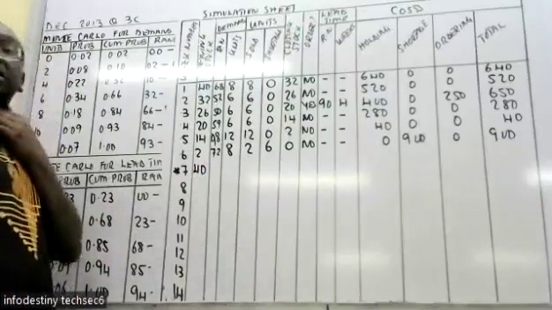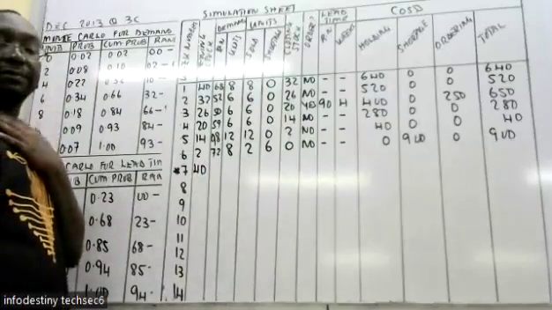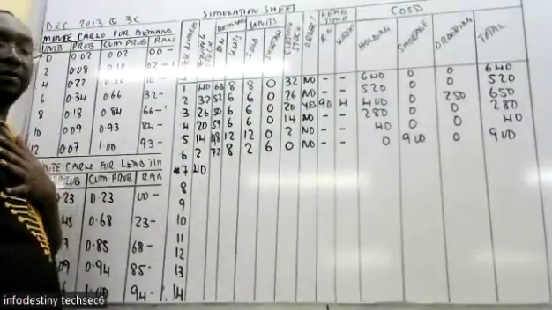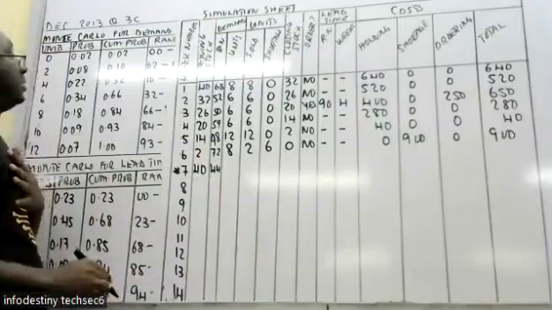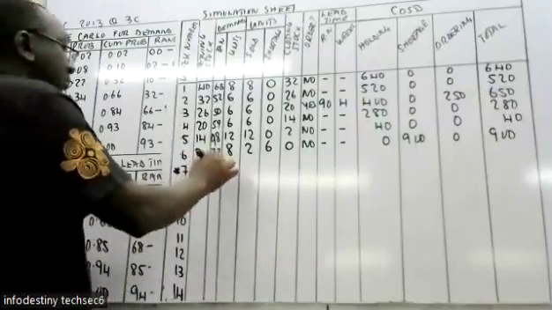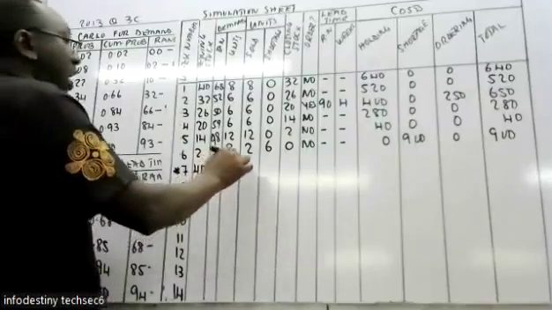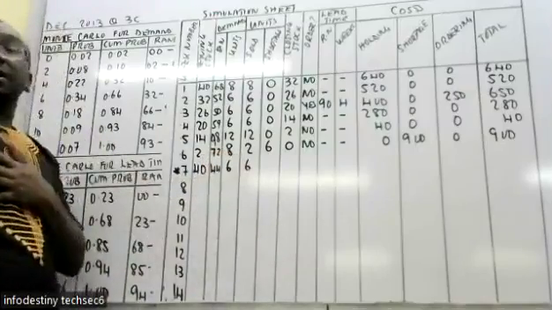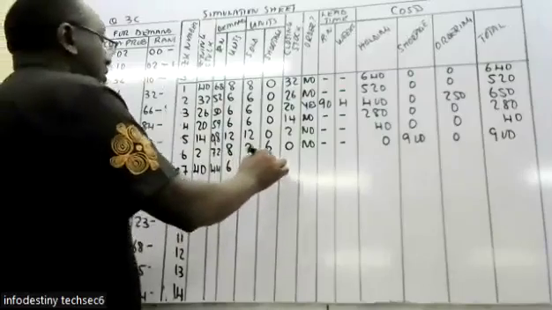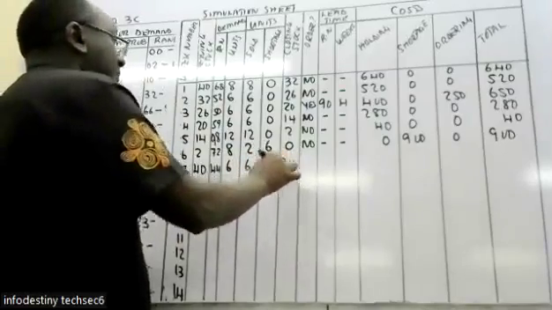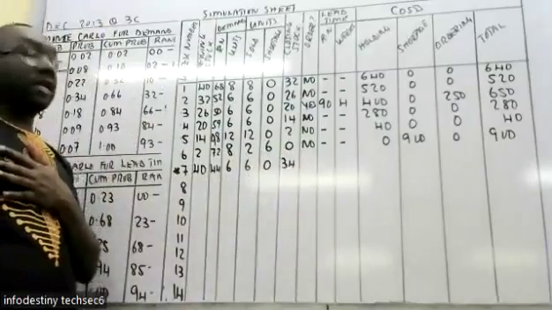So tukianza na 40, give me the random number. 44. So 44 gives us 6 units. So we are able to sell all of them, and the shortage is what? 0. The closing stock is 34.